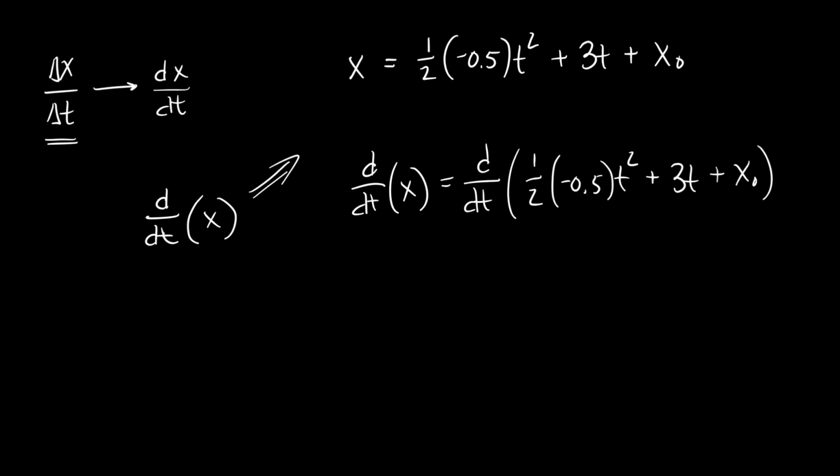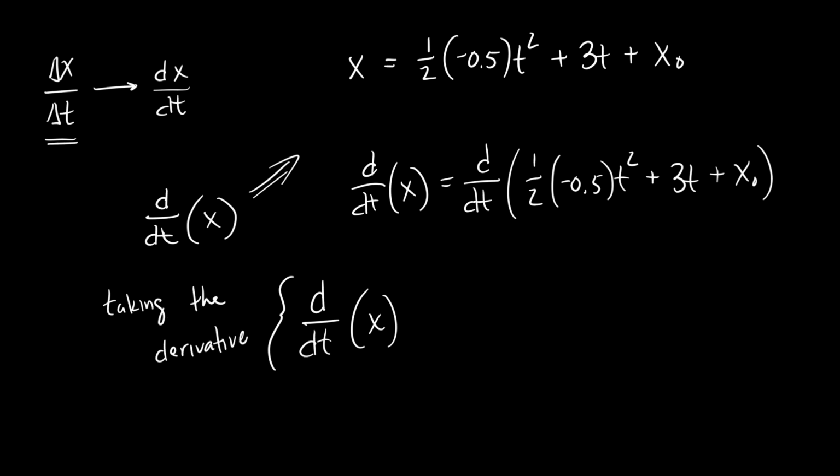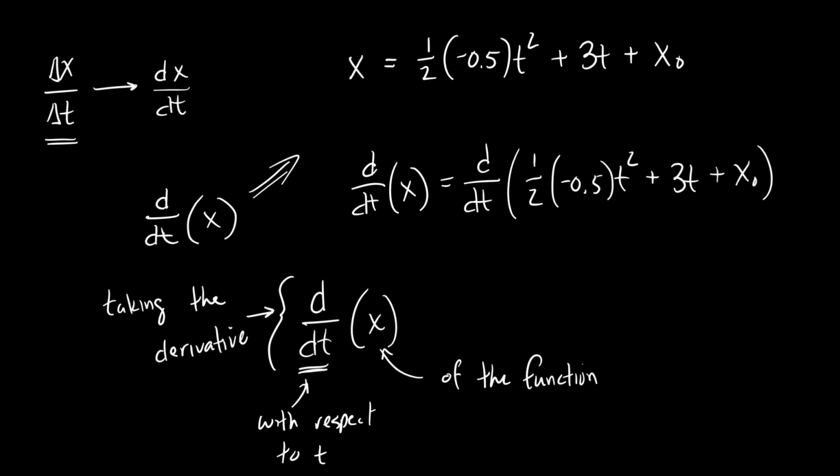Okay? I can take the derivative of both sides of an equation. Now, before I go on, this symbology, this whole thing means taking the derivative with respect to t of the function x as a function of t.